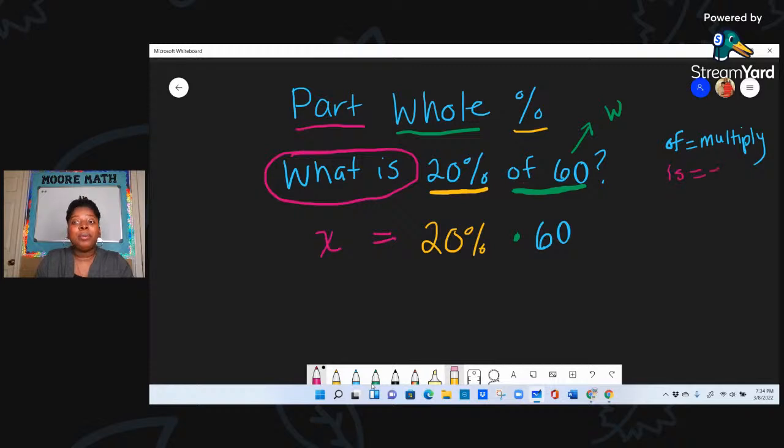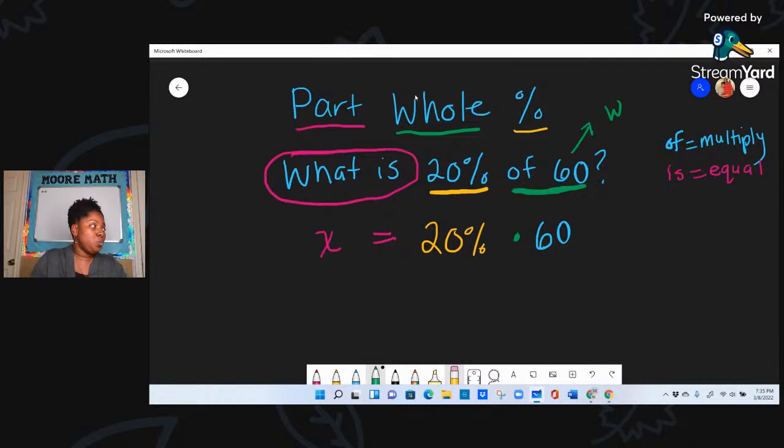So if we follow the words, it's pretty simple, right? What, I don't know what it is, so I'm putting X, is equals 20%, we just wrote 20%, of multiply 60. All right, so I don't like to multiply by a percent, so I change it to a decimal.